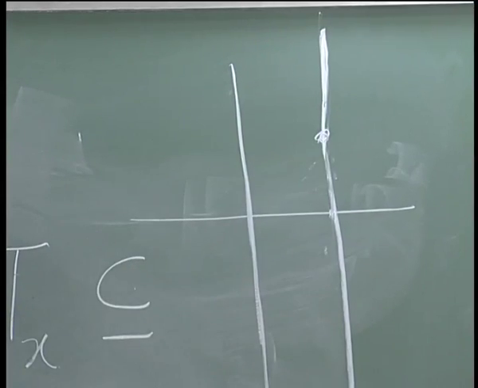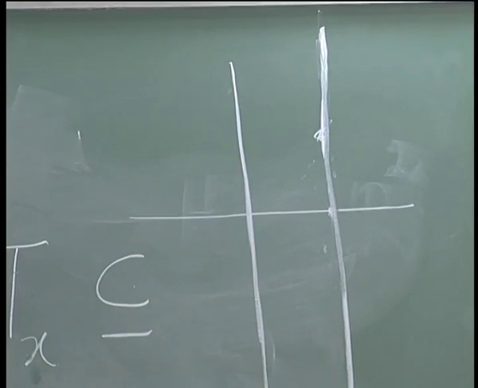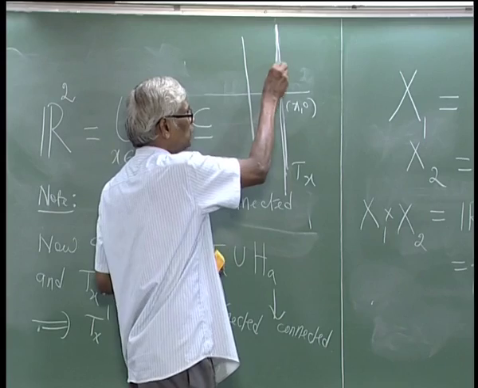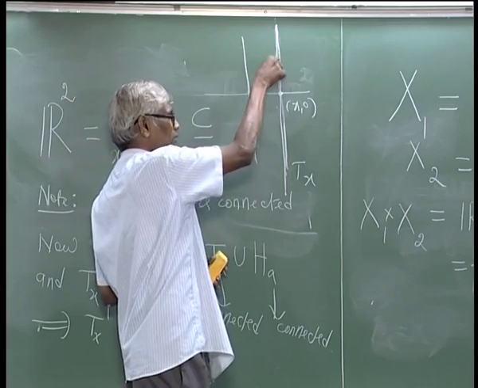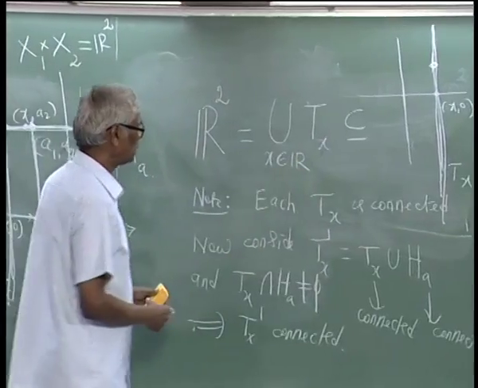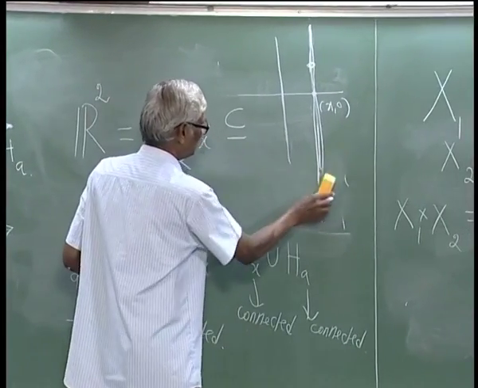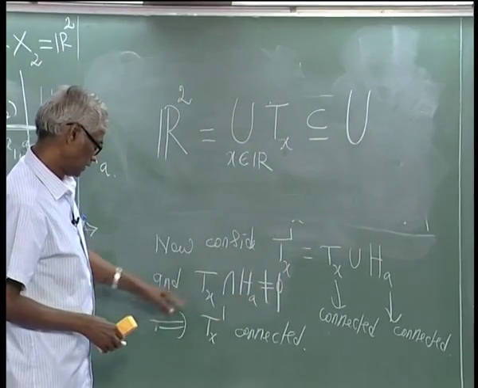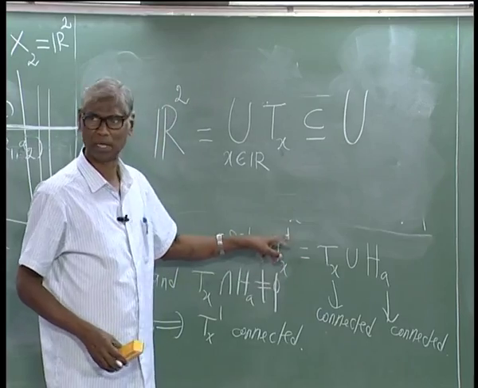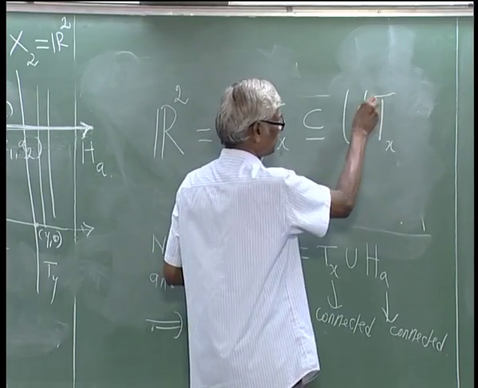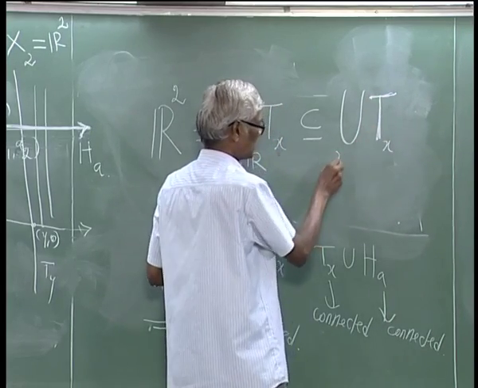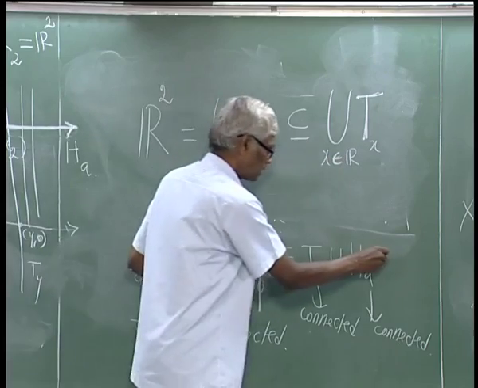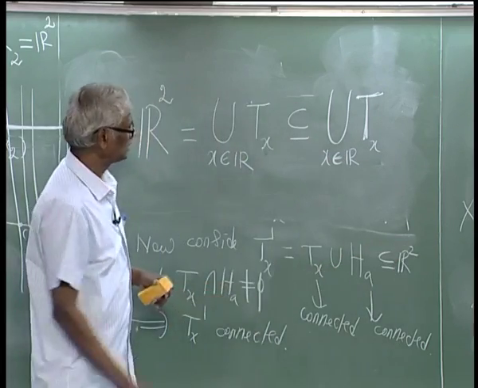Every point in R2 will be in one of the T_x. Suppose this is our (x, 0), this line is our T_x. So any arbitrary point in the plane will be in one of the lines. So R2 is the union of the T_x, which is a subset of T_x prime for each x in R, and further each T_x prime is also a subset of R2.